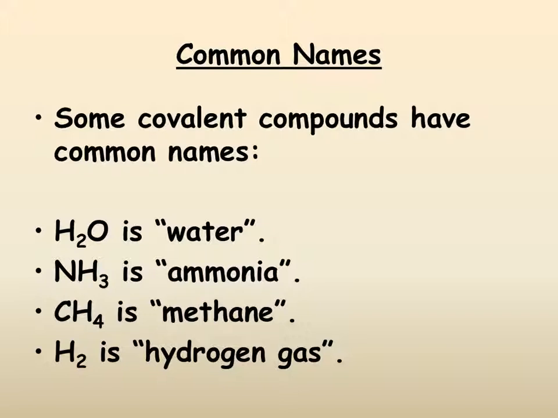Ammonia, or nitrogen, technically should be H3N if you follow the rules, so it would be trihydrogen nitride. CH4 has the name of methane, and H2 we usually just refer to as hydrogen gas instead of dihydrogen. So some things will have common names, and you're fine using them.